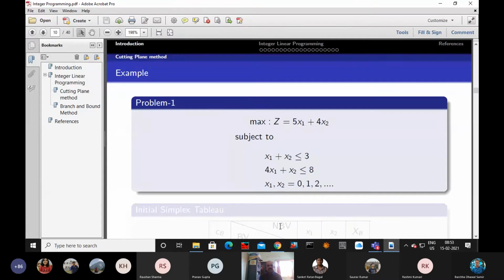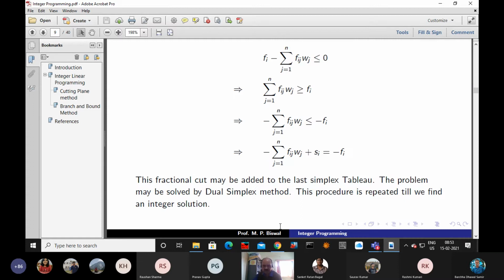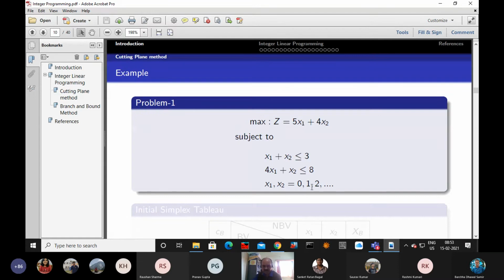Maximize z equal to 5x1 plus 4x2 subject to x1 plus x2 less than equal to 3, 4x1 plus x2 less than equal to 8, x1, x2 are integer: 0, 1, 2, 3, etc. If you drop the last line, with all non-negative, you will say we apply the linear programming method.